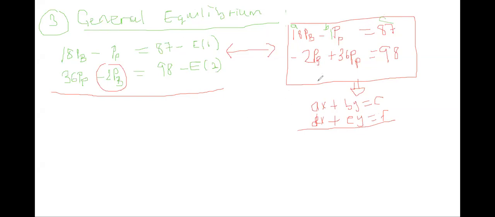Then this minus 2 is D, E is 36, and 98 is F.